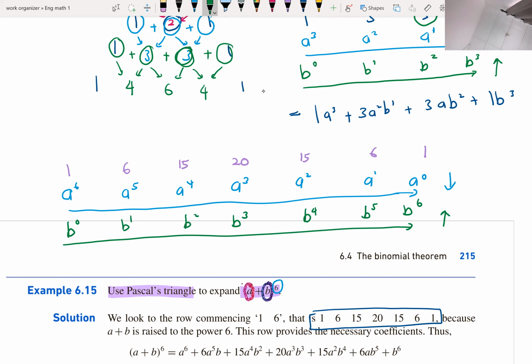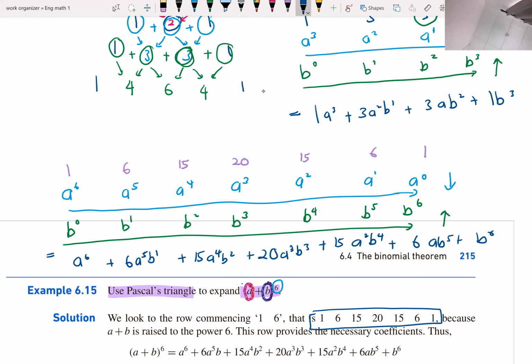So how are we going to write it? It will be A6 plus 6A5B1 plus 15A4B2 plus 20A3B3 plus 15A2B4 plus 6AB5 plus B6.